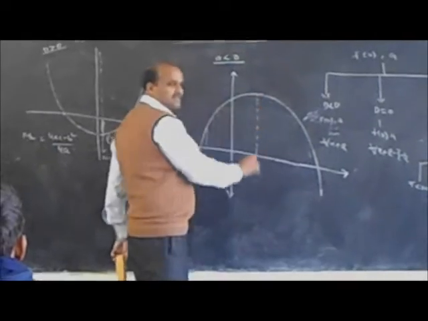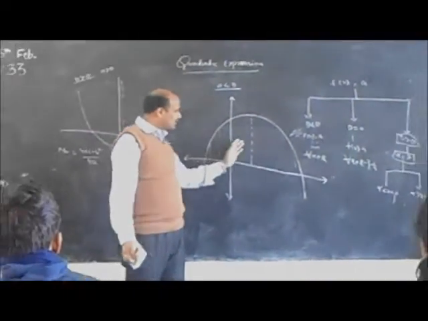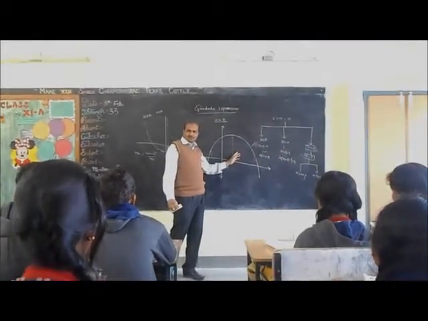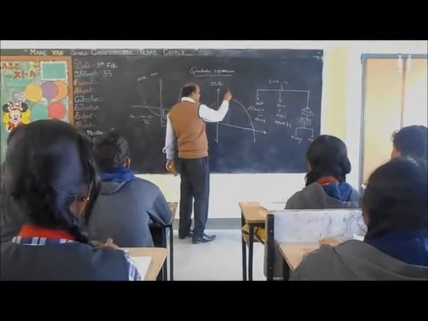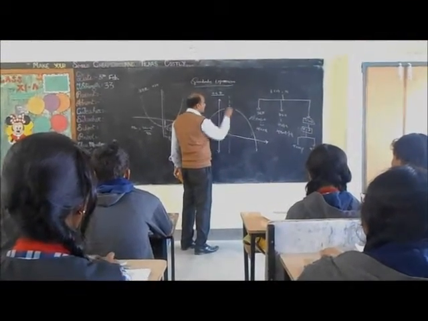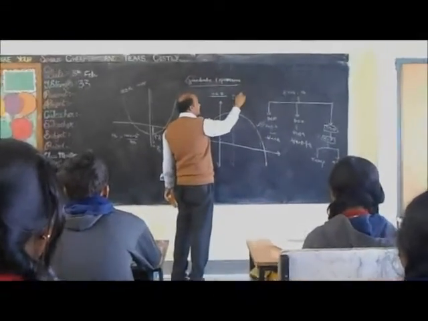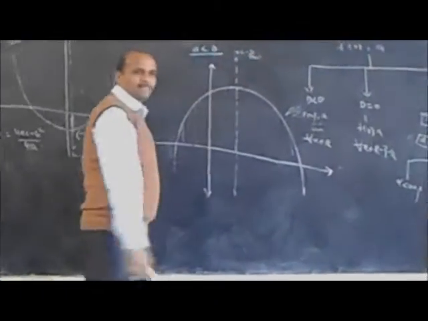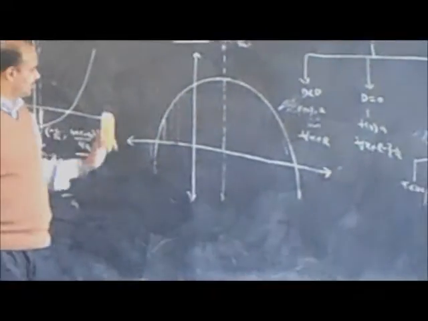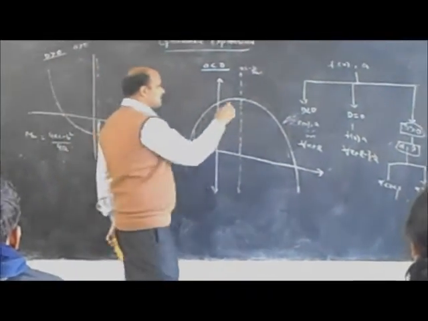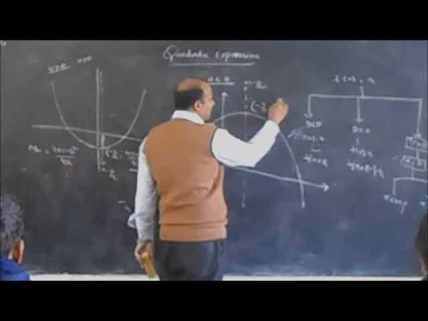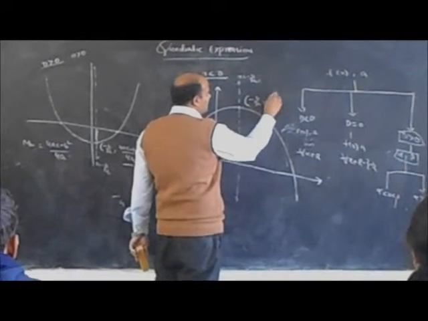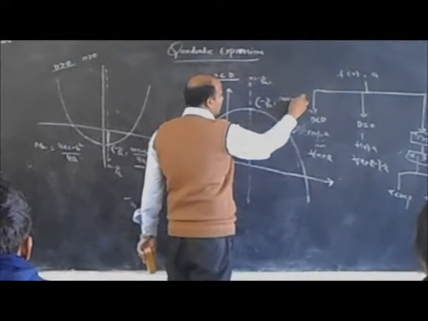This is the maximum. The remaining values are all less than this value. This is the maximum value. You will get this maximum value at the symmetrical point, means x is equal to minus b by 2a. When x is equal to minus b by 2a, the same case happens again: 4ac minus b square by 4a.